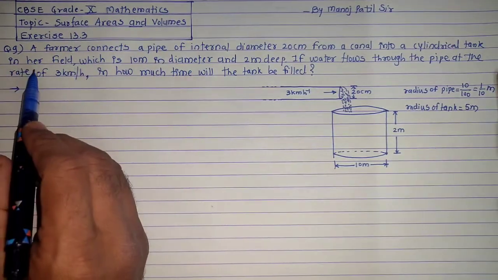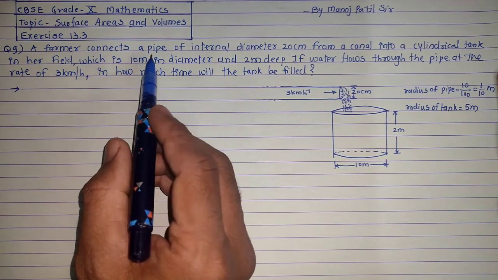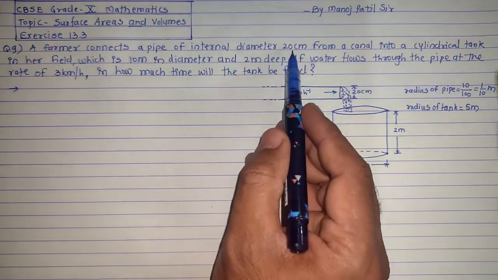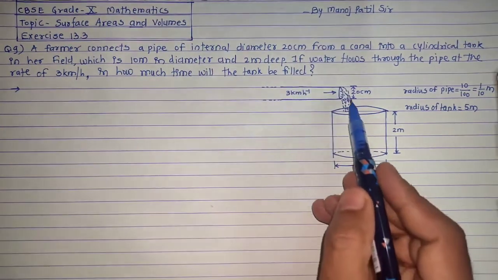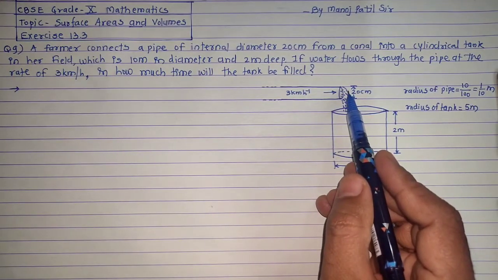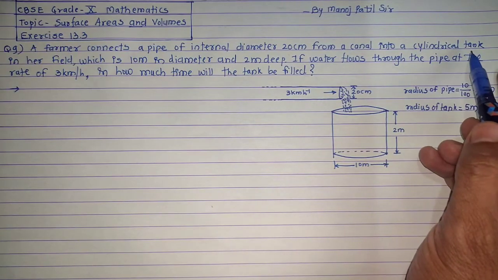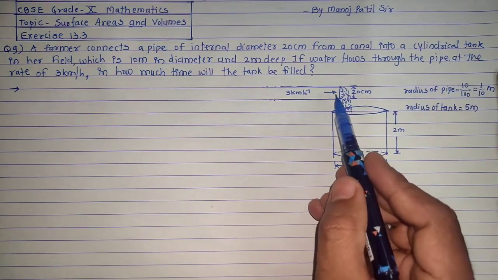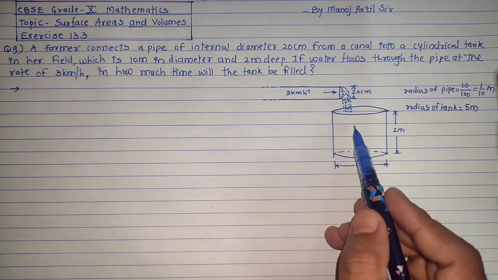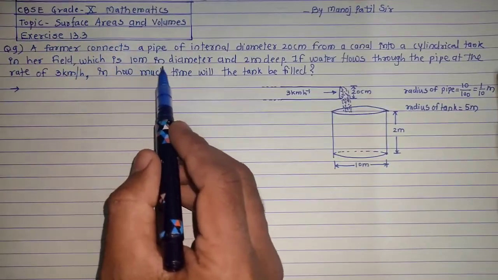So let us start. Question is, a farmer connects a pipe of internal diameter 20 centimeter. Here you can see in the diagram, this is a pipe of internal diameter 20 centimeter from a canal into a cylindrical tank. So this water is flowing from the pipe to this cylindrical tank in her field, which is 10 meter in diameter.